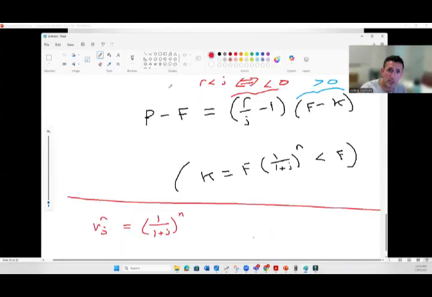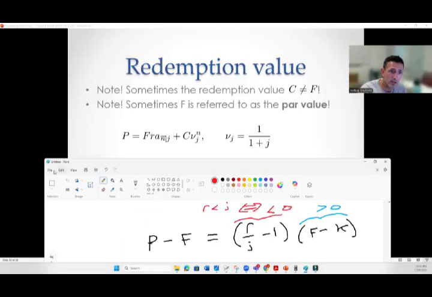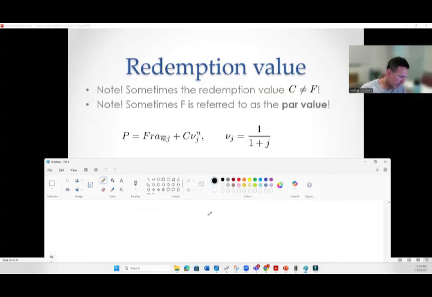Again, it can look like absolute magic, but it's really baby algebra. Price is found by doing the same thing that we did before.